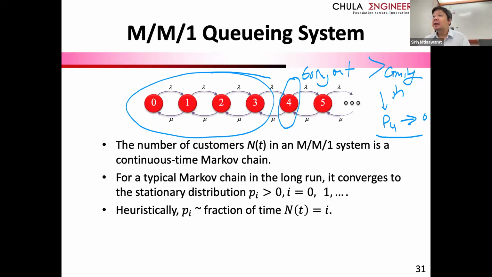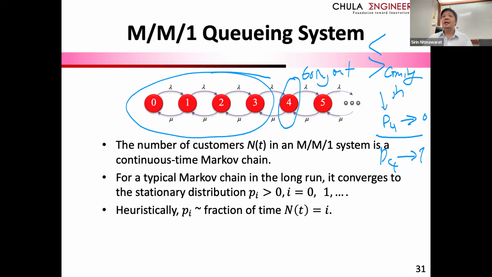Similarly for the inequality in the other direction, right? What if going out is strictly less than coming into P4? What do you think will happen in the long run? The system will start to accumulate on P4, right? Only. So that means P4 is going to 1.